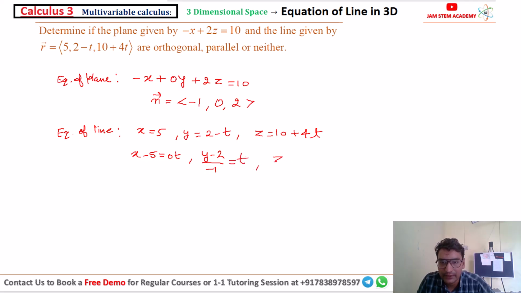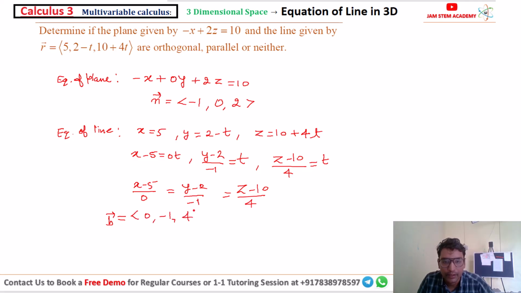And from the last one, we have z minus 10 over 4 equals t. So the equation of the line can be written as x minus 5 over 0 equals y minus 2 over minus 1 equals z minus 10 over 4. So the direction vector, let's write it as b vector, for that line is nothing but 0, minus 1, 4.